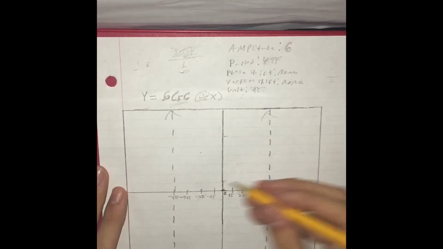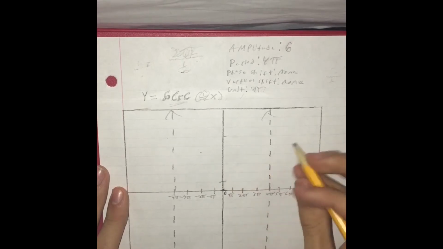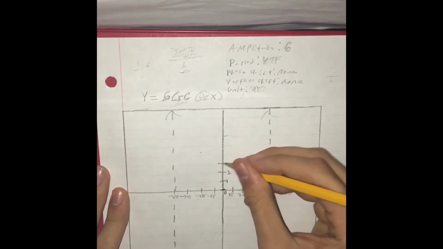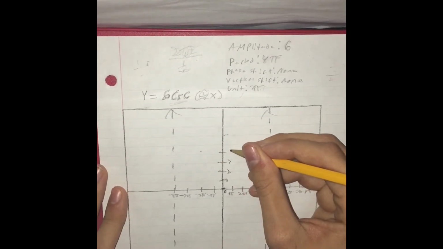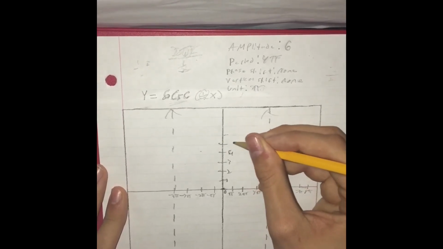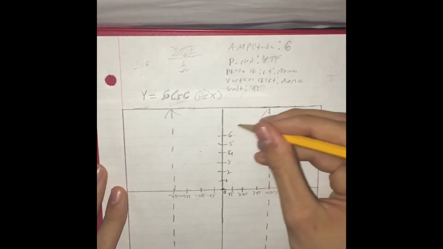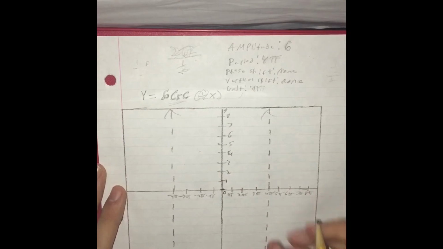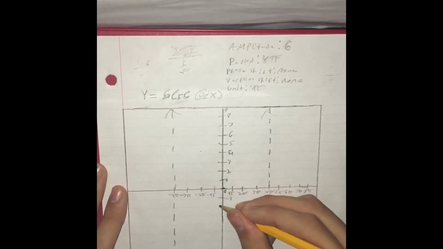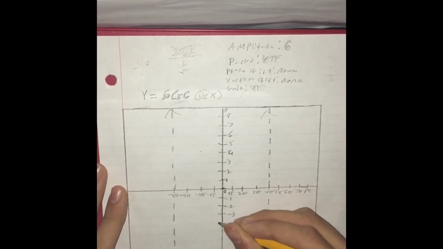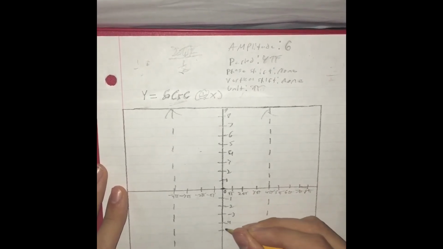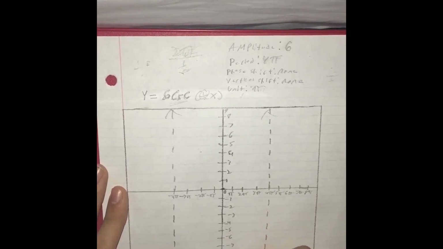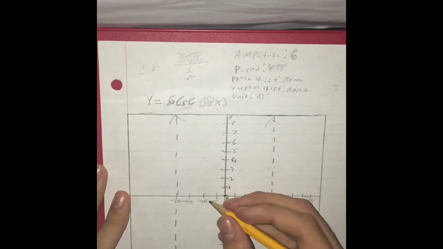Okay, and then for the y-axis, I'd put 1, and you at least have to get it up to 6, because that is the amplitude. I'm just going to continue on to the top, 9. So, and down. And then I'll just finish this up real quick over here.